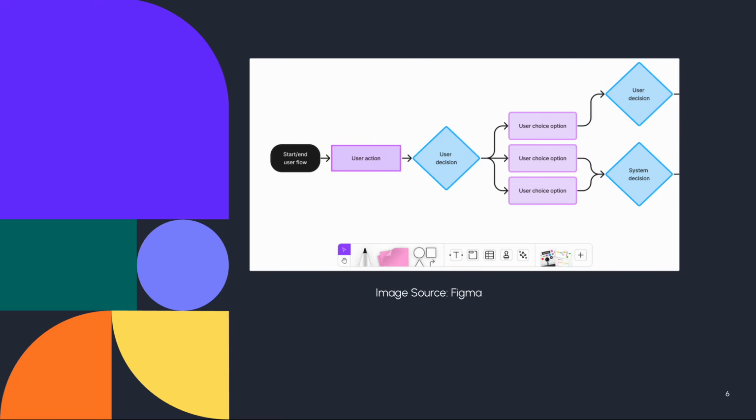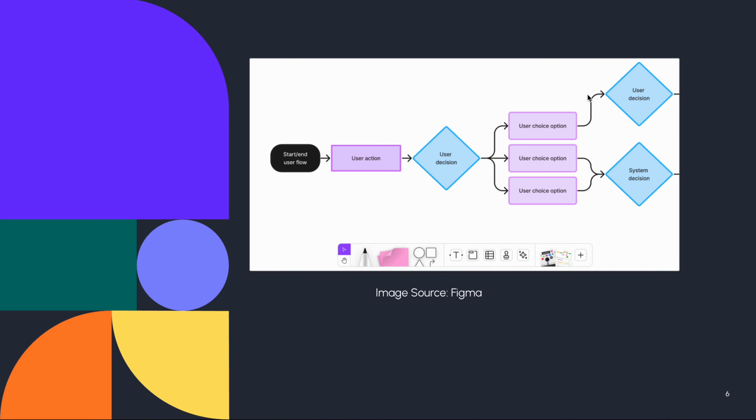The decision they take will determine what the user gets to see next. This particular image looks cut off, but because it has already added the start and the end, you already know that this is what comes at the end. So user choice options are when a user has to make decisions.